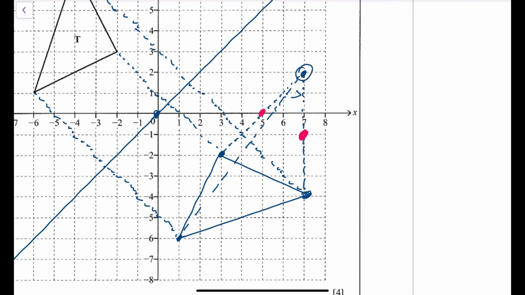What I've done here to get here, if you imagine I've gone down 1, 2, 3, 4, 5, 6, 7, 8, and I've gone across 1, 2, 3, 4, 5, 6. If you half that, instead of going down 8, you're going to go down 4, and then instead of going across 6, you're going to go across 3. So down 4, 1, 2, 3, 4, and across 3 is going to take me to here. So that's where I'm going to.